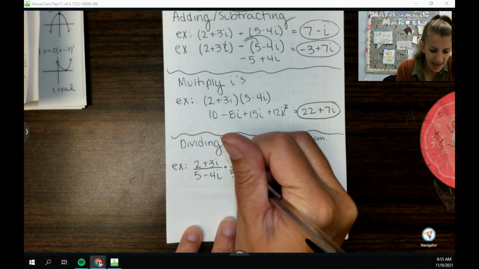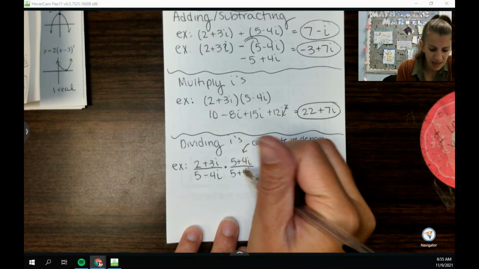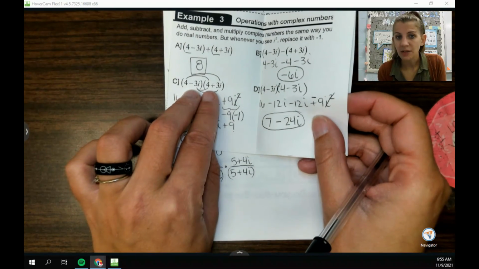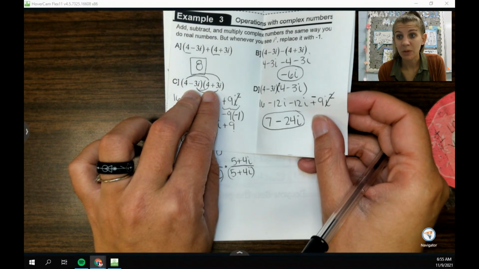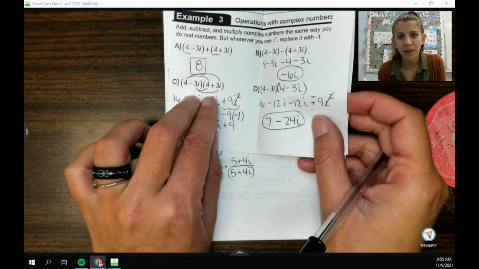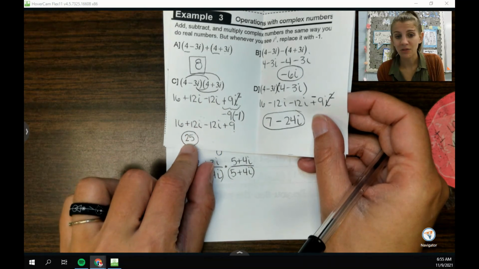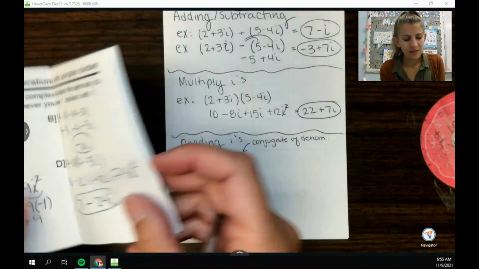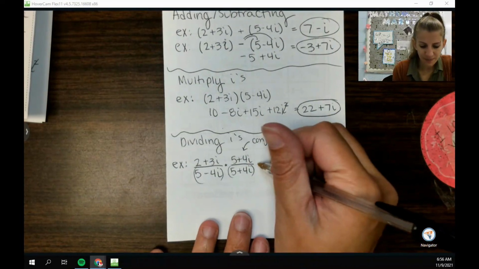And the reason that that works is because when it multiplies up, like if you remember back here, these were conjugates. Those are same numbers, different signs in between. When you multiply something like that up, all of the imaginary stuff disappears and you're just left with the real stuff. So that will get rid of my roots in the bottom.